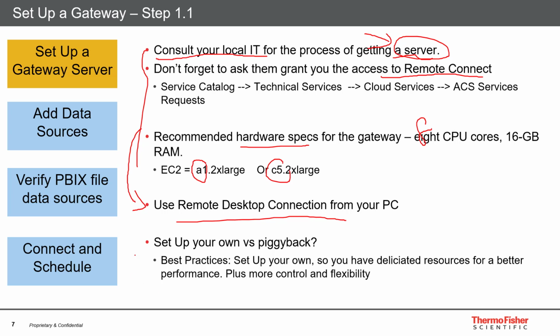So the last quick thing I want to discuss with you is, should you set up your own gateway server, or can you piggyback on other people's or other teams' server? So the answer depends on you. For me, the best practice I want to give you guys is to set up your own, because first you have the dedicated resource, and I see a lot of people share one gateway server.